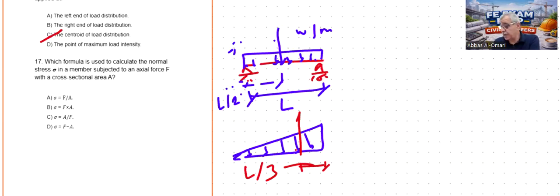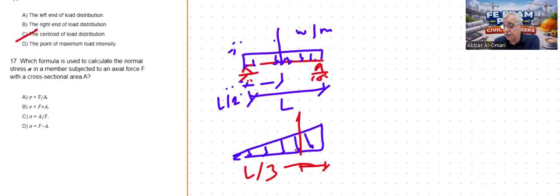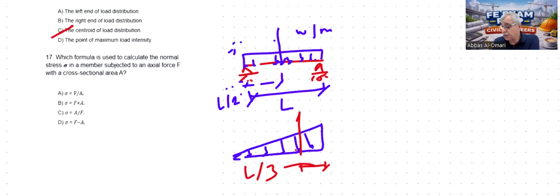So if this is the cross-section, the force should be perpendicular to it. Then sigma stress equals F over A. Next question.